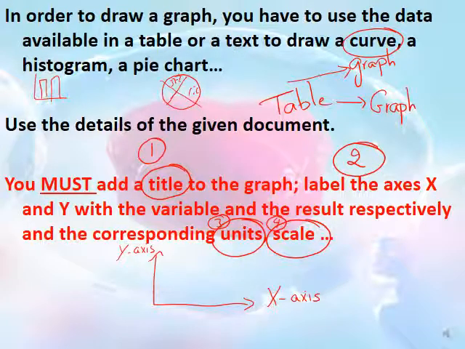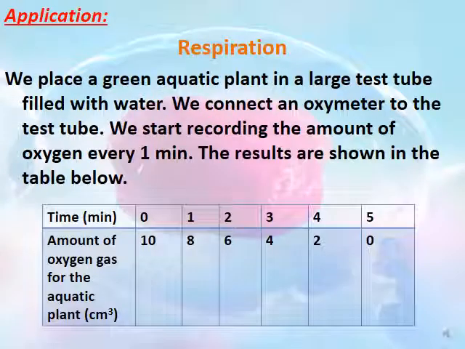Okay, let's start step by step in this application in order to know how to draw the graph, how to label the axes, how to know the scale, and to use the units. This application we're talking about respiration. We place a green aquatic plant in a large test tube filled with water.